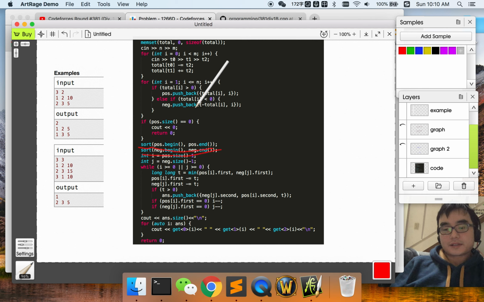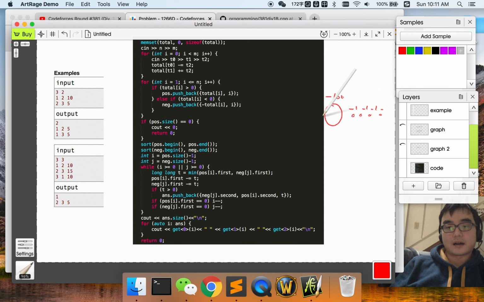The reason we sort is because in the worst case, let's say a big lender here lends like $100, and there are some small lenders there.